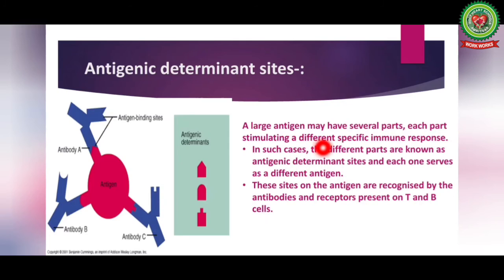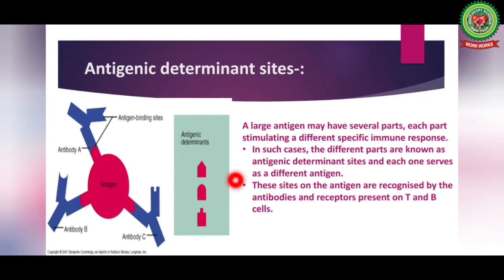A large antigen may have several parts, each part stimulating a different specific immune response. In such cases, the different parts are known as antigenic determinant sites, and each one serves as a different antigen. These sites on the antigen are recognized by the antibodies and receptors present on T and B cells.